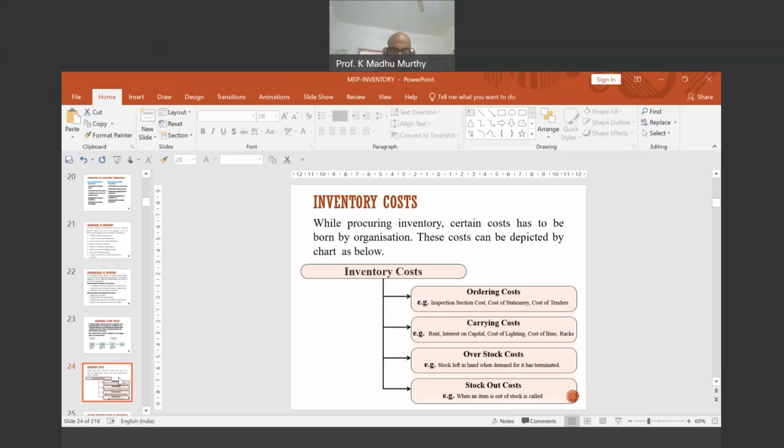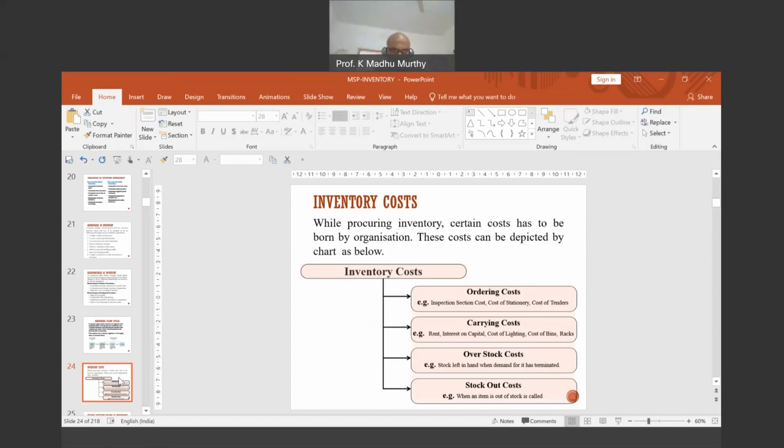So high holding costs naturally would imply better to have low inventory levels. And when we have low inventory levels, naturally, the replenishment or the purchase frequency has to be high. So the replacement has to be very frequent. So we have to realize the implications of having low carrying costs.